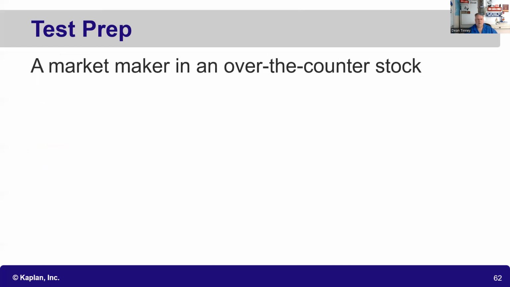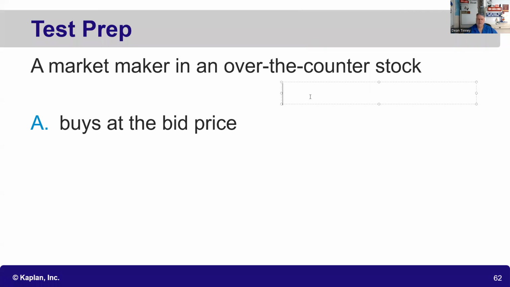A market maker in an over-the-counter stock buys at the bid. I think the easiest way to get a handle on this. Again, I think this is a bigger challenge if you're a 65 than a 66, because we're hoping that if you're a 66, you just took a 7 a while back, and this is a little more familiar perhaps to you. But the bid is the price at which the market maker buys, right?